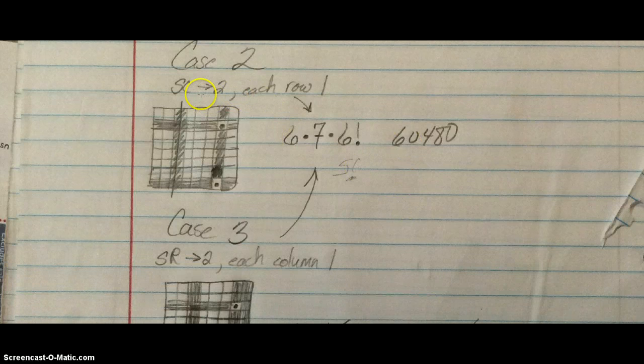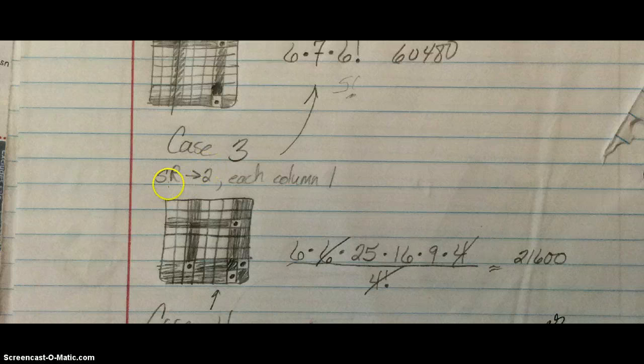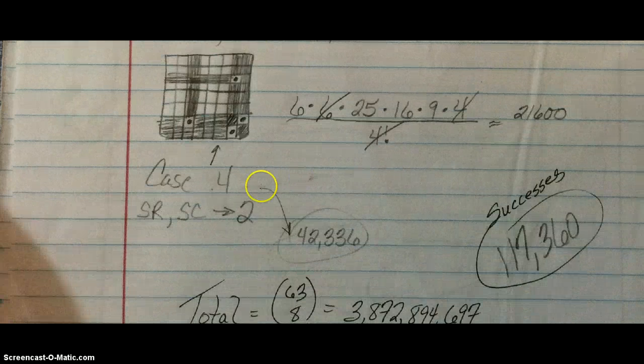Case 2, the special column has 2. In other words, that one right there, that one right there, but each row still has 1. Case 3, special row has 2. Each column has 1. And finally, case 4, the special row and the special column both have 2. And you can kind of do this like a logic puzzle if you've ever seen these.